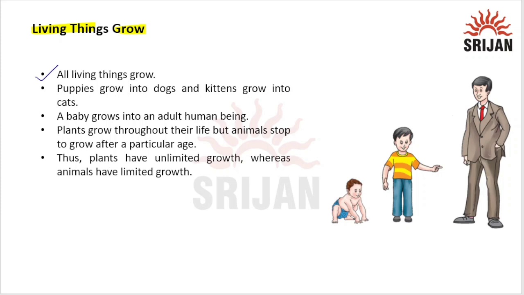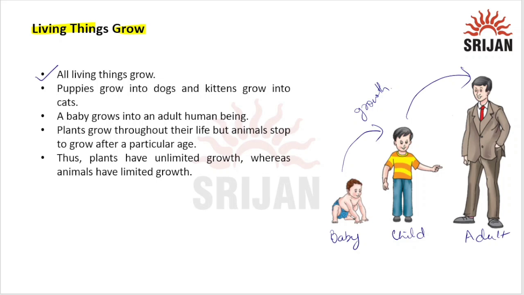As you can observe here, this is a baby, this is a child, and this is an adult. The conversion of baby to child and child to adult is known as growth. There is an increase in height and body mass.